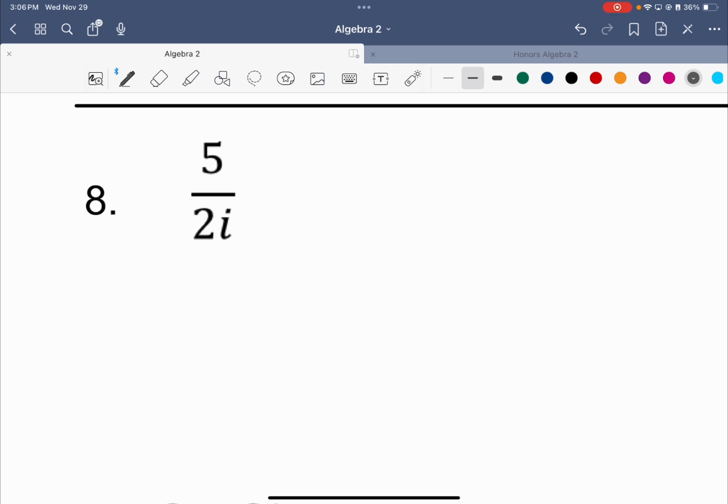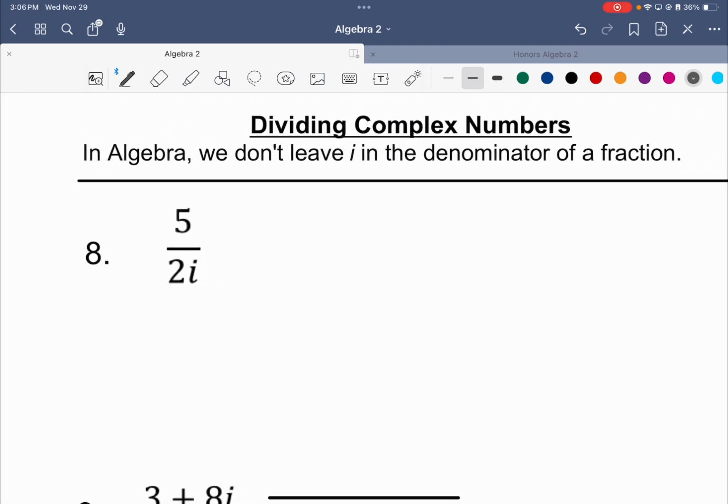Mathematically speaking, in algebra, we do not leave i's in the denominator. You can never have an i in the denominator of a fraction. Let's go back to an English lesson. We said we're going to do sentence structure today, didn't we, instead? What's denominator mean?